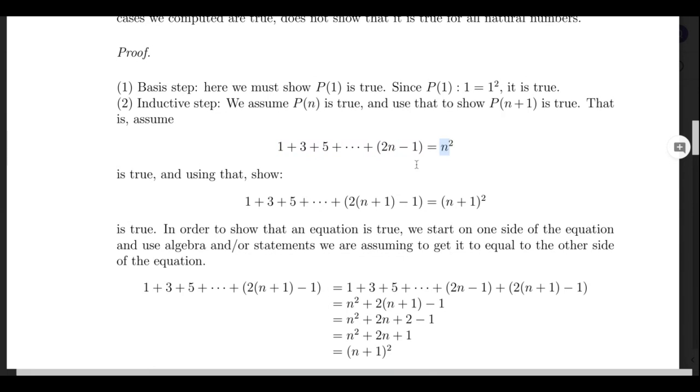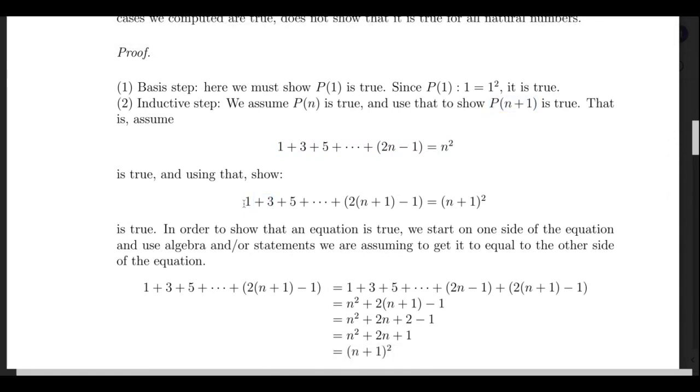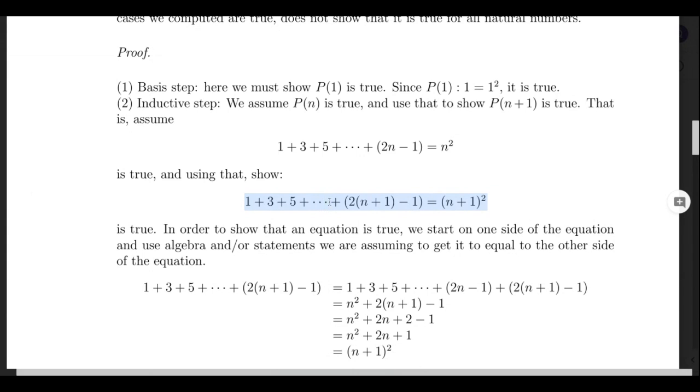What do we want to prove? We want to prove Q. So this is like a direct proof: we assume P, we prove Q. Q in this case is P of n plus 1. So we need to prove that P of n plus 1 is true, which means we want to show 1 plus 3 plus 5 plus 2n minus 1 plus 2 of n plus 1 minus 1 equals n plus 1 squared.